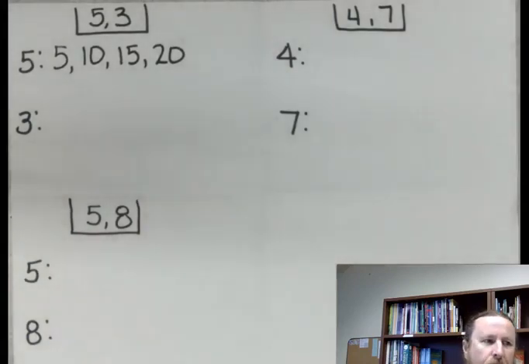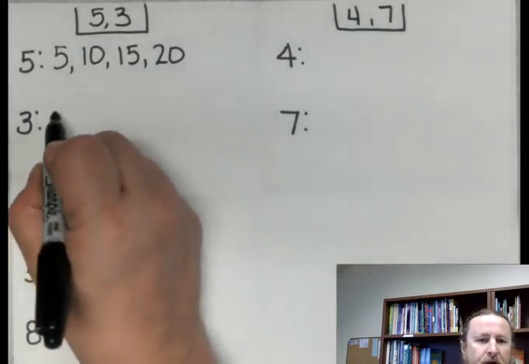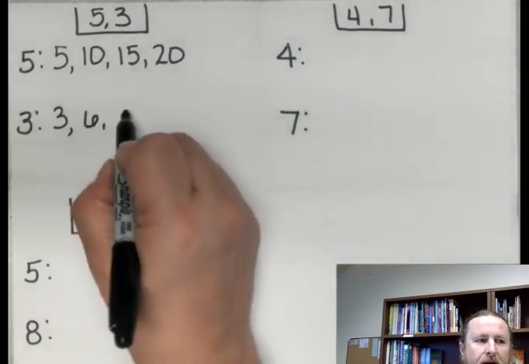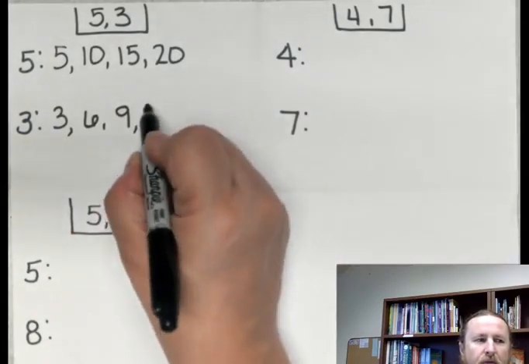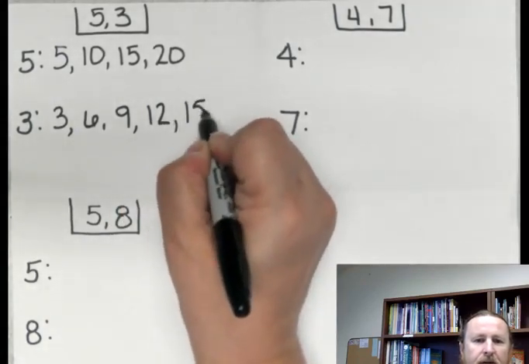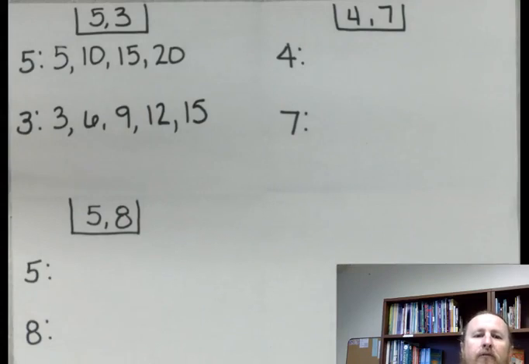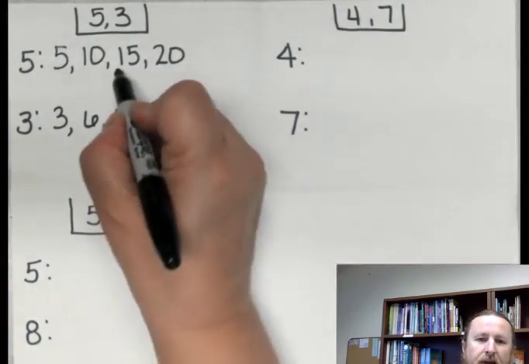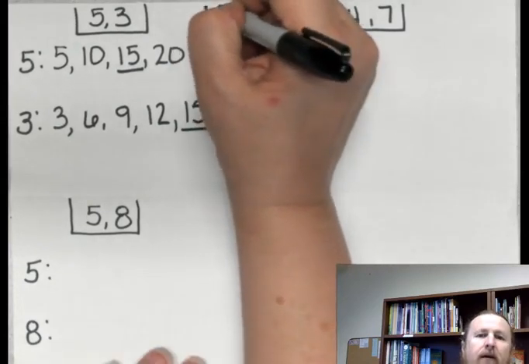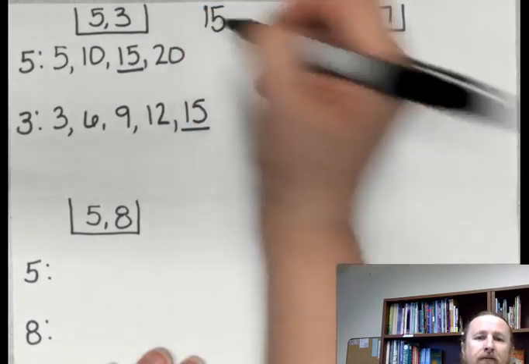Now we're going to look at the multiples of 3: 3, 6, 9, 12, and 15. And we will note 15 is on both lists. We have found our least common multiple for 5 and 3, and it is 15.